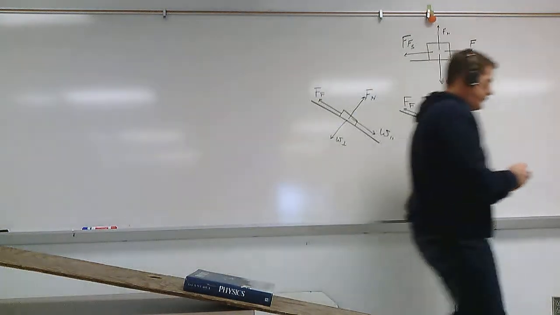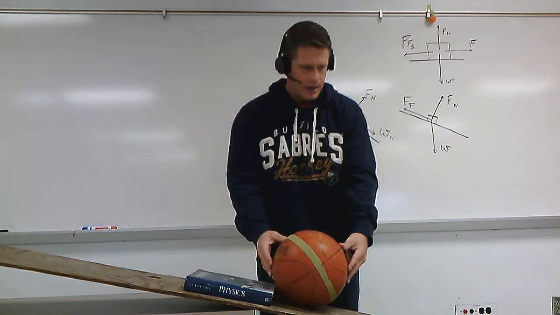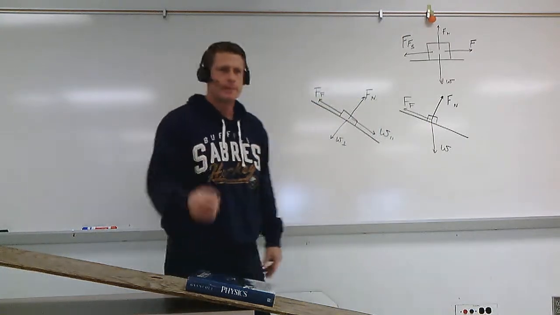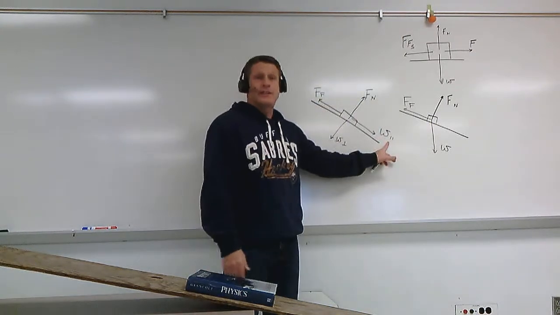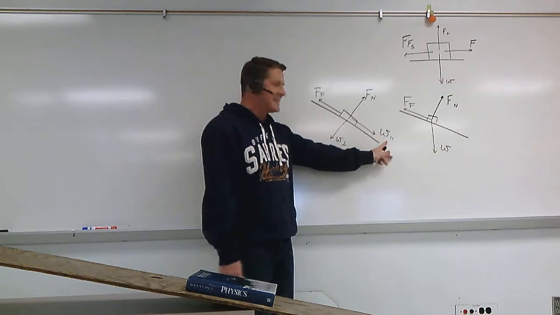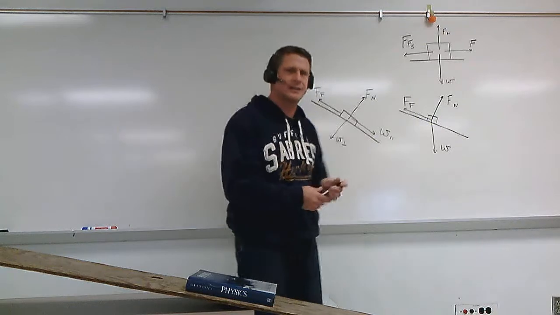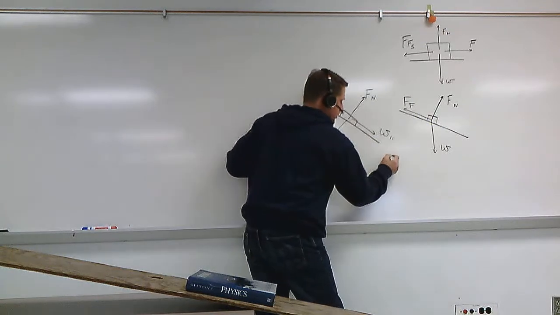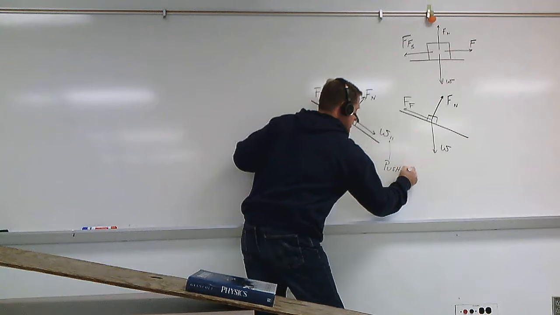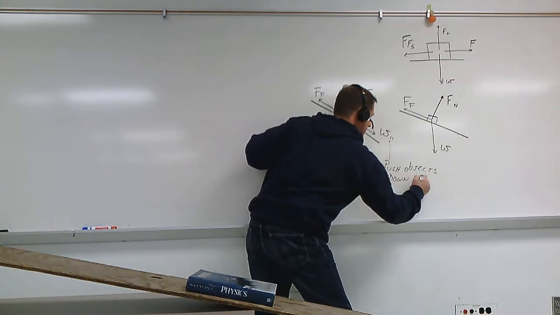If I would have asked you what force takes this ball and brings it down the incline, everybody would have said gravity, right? Everybody would have said the weight of the object, but the weight of the object goes down. Technically, it is W parallel's job to push things down the incline.